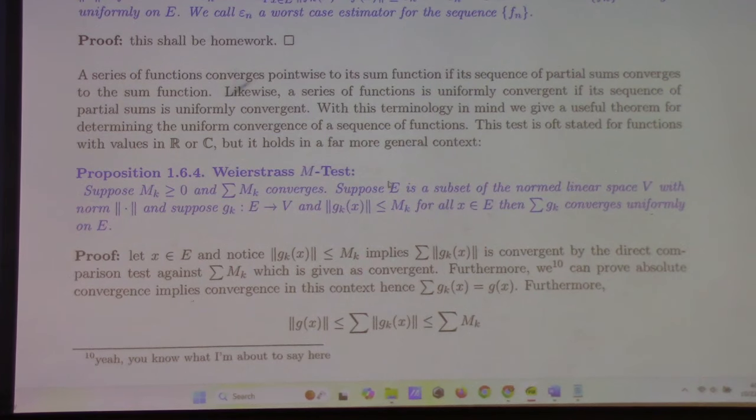This is very nice, right? And the proof is this.